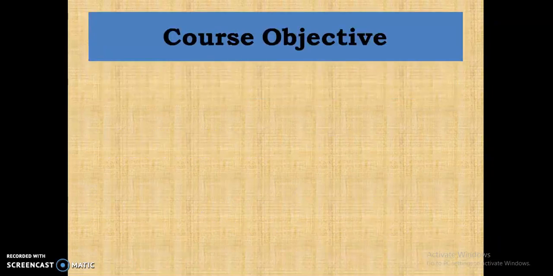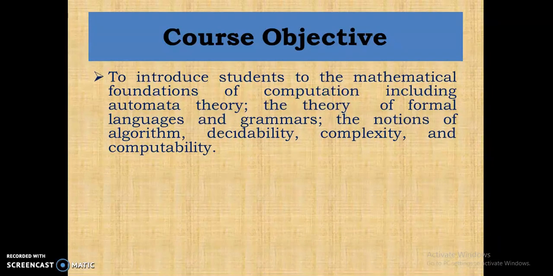Okay, now talking about the course objective, so you should know about the objectives that we have set for this course. One, you should know about the mathematical foundations of computation. You will learn about automata theory, formal languages, and grammars, right? And at the end you will learn about decidability and complexity. So this is the objective that we have set for this course, right?